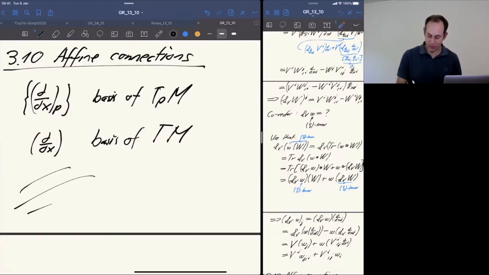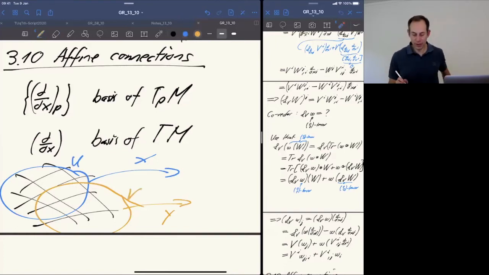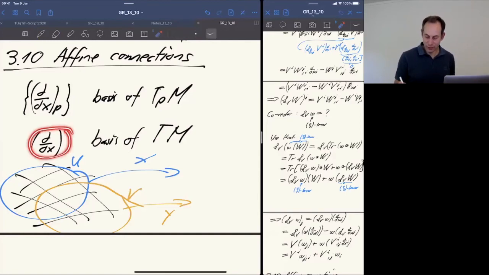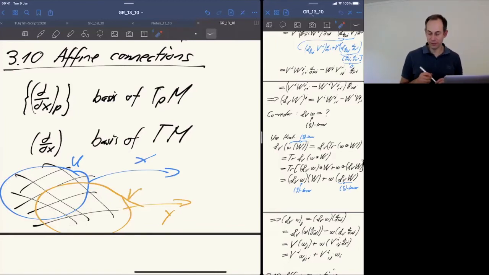So if you have the manifold, as usual, and we have one chart X, and maybe another chart map Y, and this is maybe U, and this is V. Now we could say, I have at least a base, this d/dx, which defines part of the basis for Tm that is valid on this region, and then I just go to the other chart map, and maybe by cleverly combining them, I obtain a basis of the whole space.